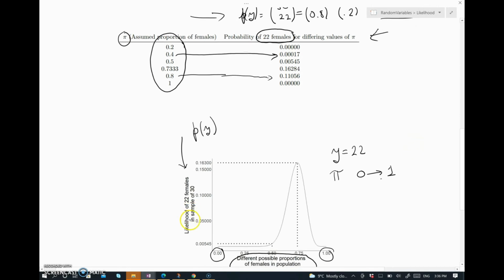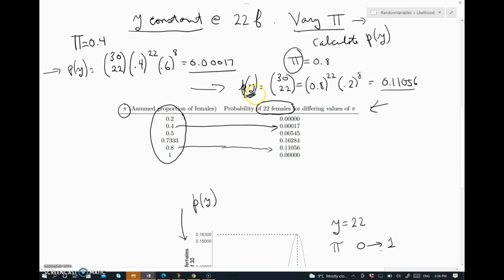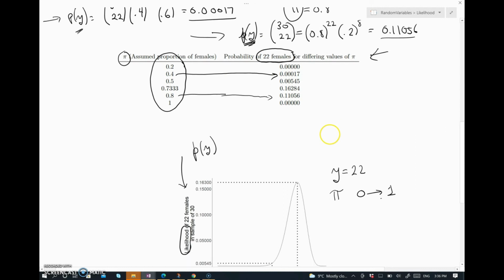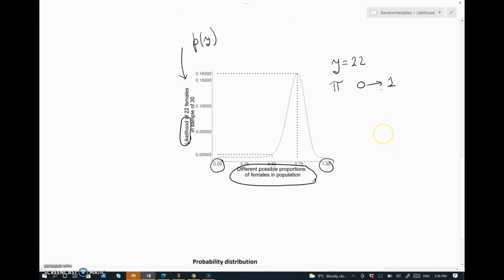Now, I'm calling this thing a likelihood. And that's a bit odd because it's really no different. It's still this P at Y. Why do I call it a likelihood? Well, the reason for calling it a likelihood is that when I go through my process, and again, let's remember what the process is.